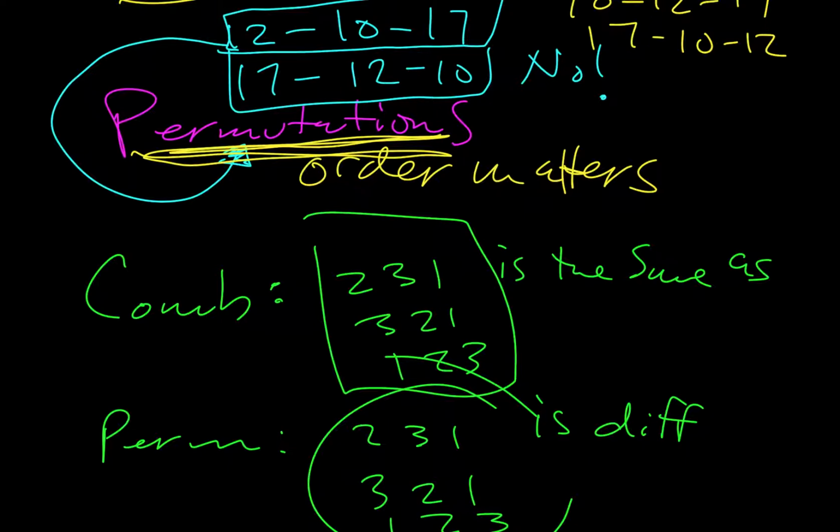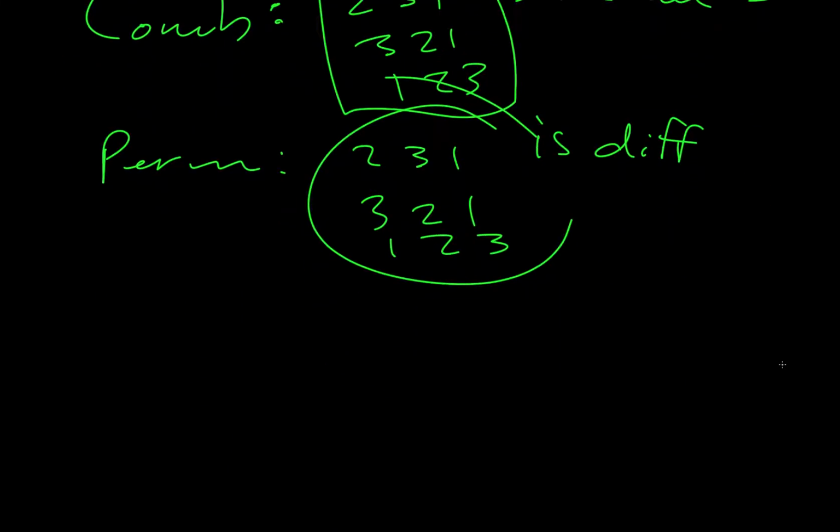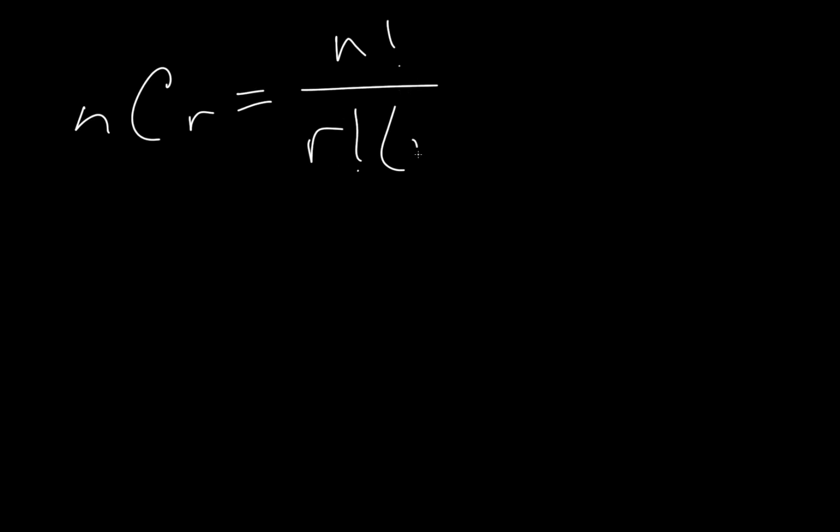Okay. Now, we talked about factorials before. And now you're going to see why. So what we're going to do is nCr, and try not to get too freaked out by this because it actually isn't too bad.